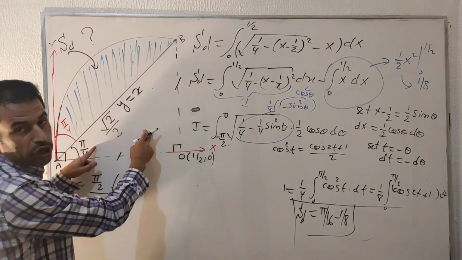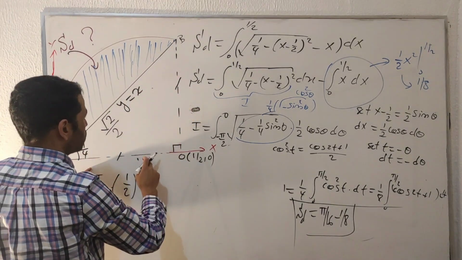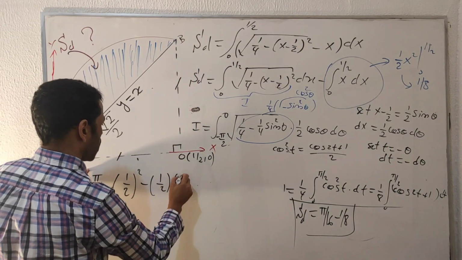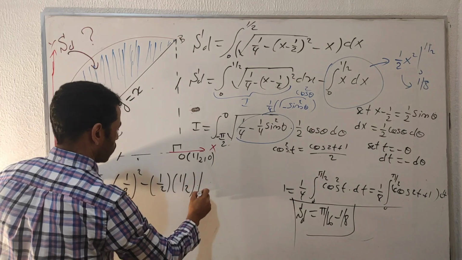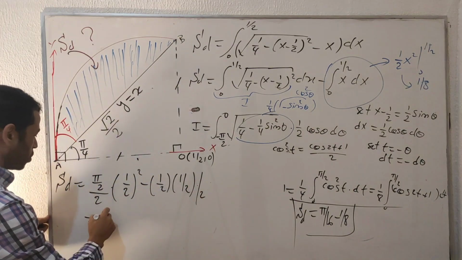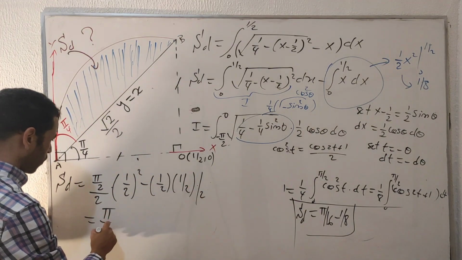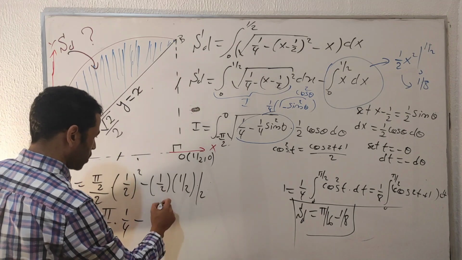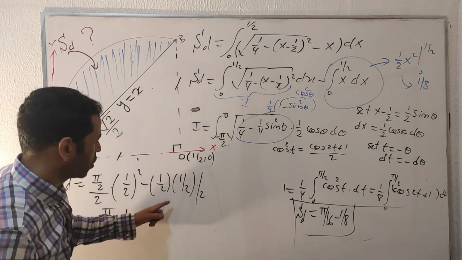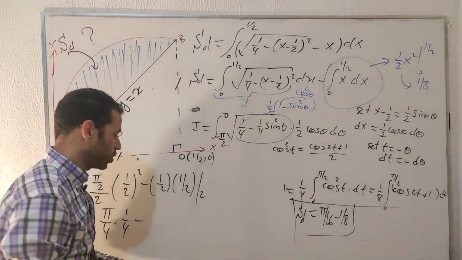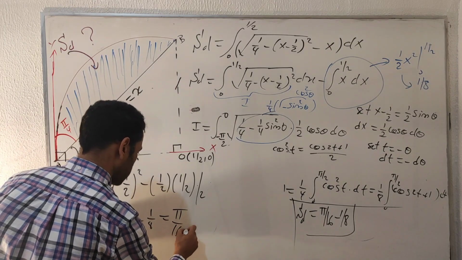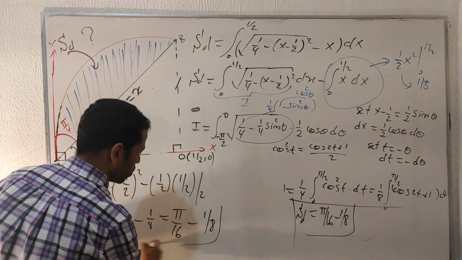The area of the triangle is base multiplied by height over 2. The base is 1 over 2 and the height is 1 over 2. Evaluating, this is pi over 4 multiplied by 1 over 4, minus half multiplied by a quarter over 2, which is 1 over 8. Minus 1 over 8, which is pi over 16 minus 1 over 8. So we get the same thing.